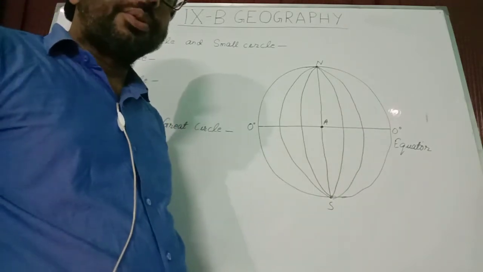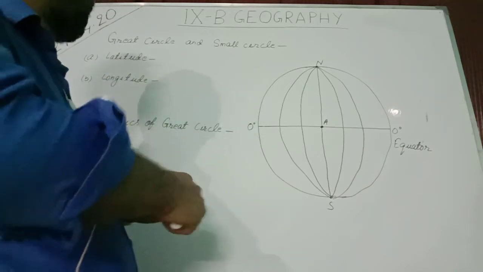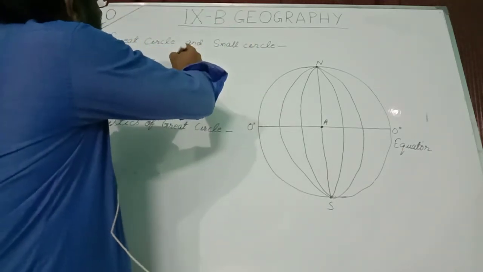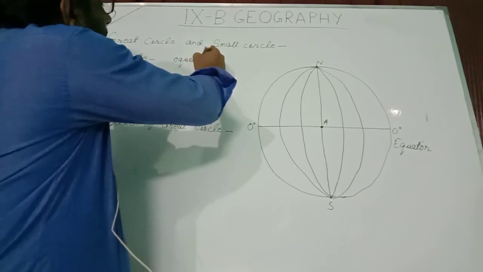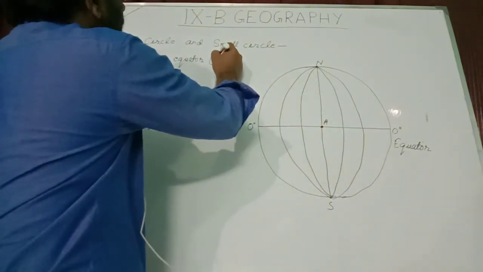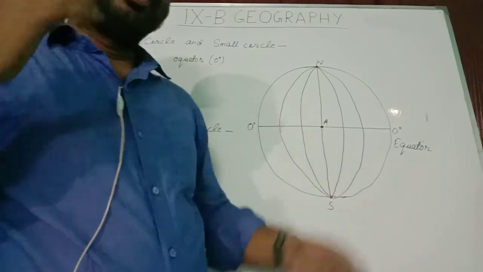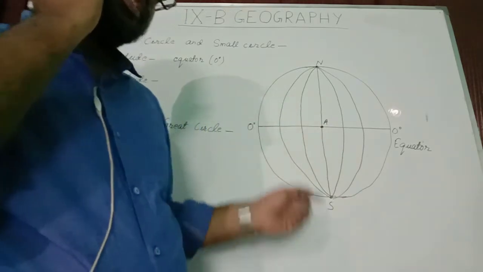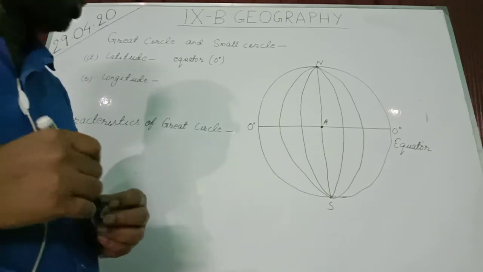Only one latitude passes through the center of the earth, and that latitude is the equator, which is 0 degree latitude. So this equator makes the great circle of the earth, and it divides the earth into two equal halves.